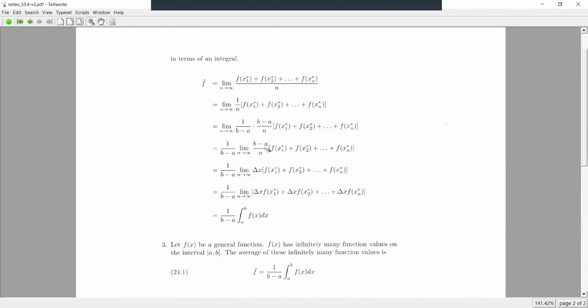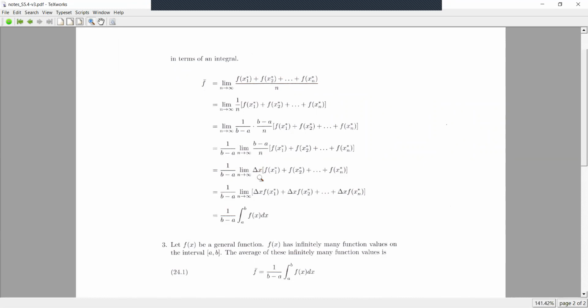What is b minus a divided by n? If we evenly cut the interval from a to b into n subintervals, then the length of each subinterval is b minus a divided by n. So we denote it by delta x.